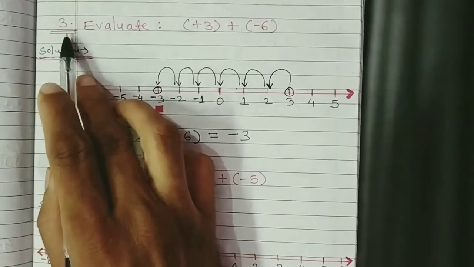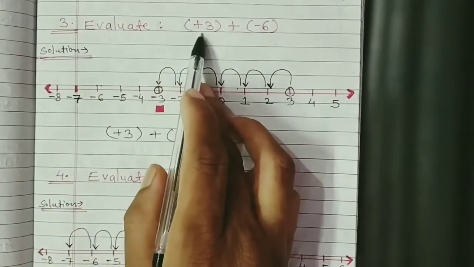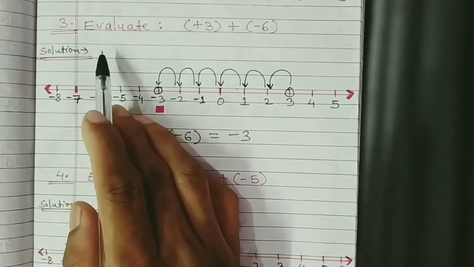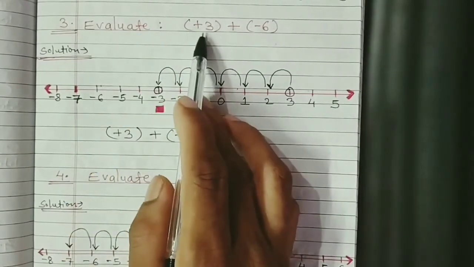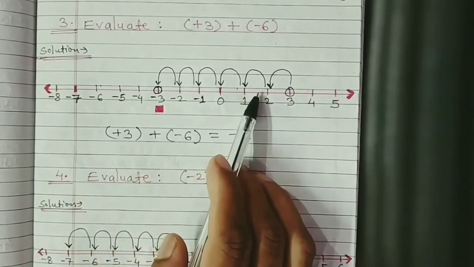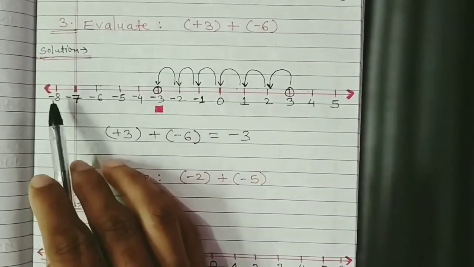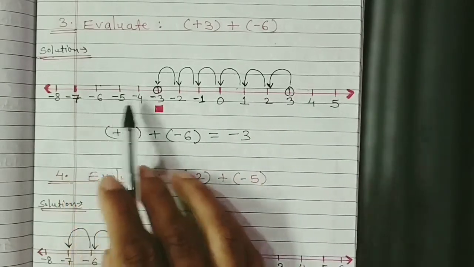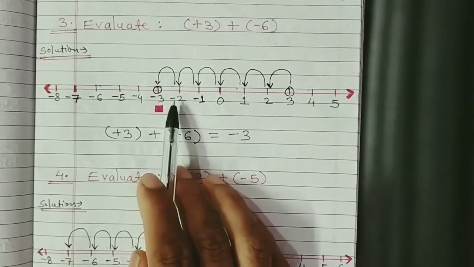Now the next question is evaluate plus 3 plus minus 6. So in this question again we have to add these two integers using a number line. So I have made here a number line and I have written some integers on this number line.